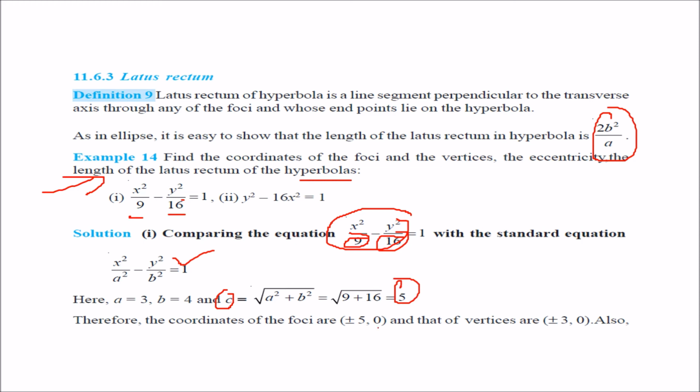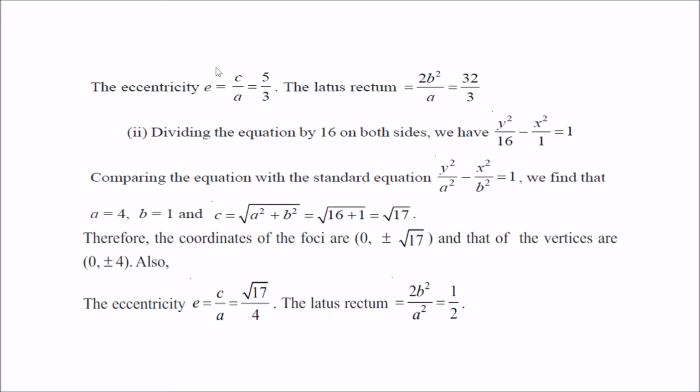And the coordinates of the foci will be plus minus 5, 0, that is plus minus c, 0, and vertices would be plus minus a, 0. And also the eccentricity would be c by a, that will be 5 by 3. And the latus rectum would be 2b square by a. You just place the values, you will get 32 by 3.